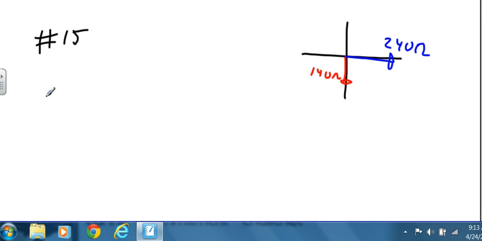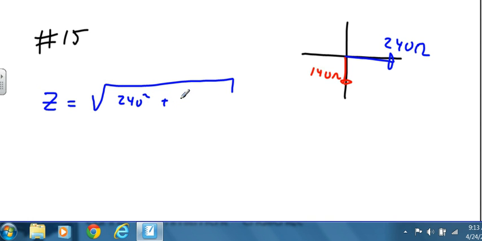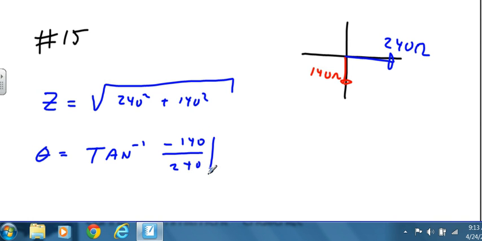The impedance is the square root of 240 squared plus 140 squared, and the phase angle theta is the arctangent of minus 140 divided by 240, which is a fourth quadrant answer.